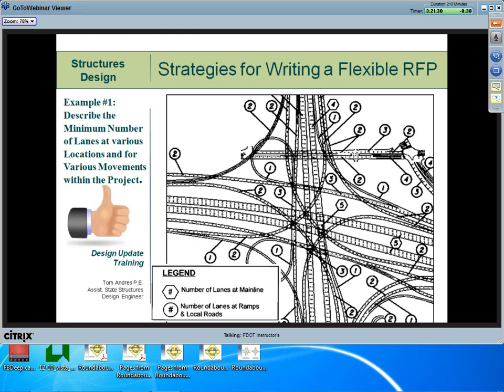Yes, this would be considered an appropriate way of describing the operational requirements of the job. In this particular case, the final interchange solution looked quite different than the original indicative plan interchange layout depicted here. Although the final solution provided the same number of lanes for each ramp, main line, and local road, it was configured completely differently geometrically.